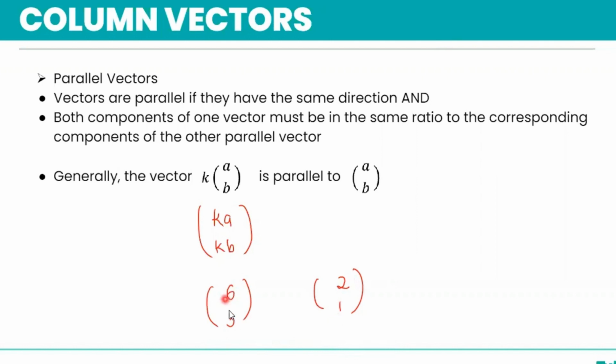If I divide my vector 6, 3 by 3, or take the factor 3 out of it, I'm going to get 2, 1. So it's a scalar multiple of my second vector. So these two vectors are parallel to each other. They're not necessarily going to be the same length. They're going to have different lengths, like you can see here. But they're definitely going to be in the same direction, which means that they're parallel.